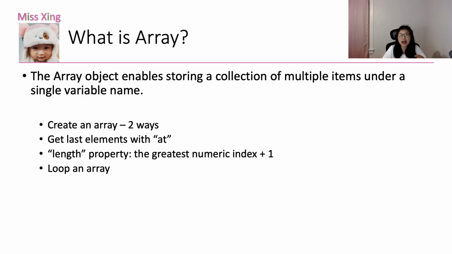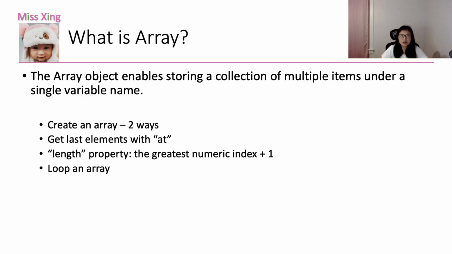Like in an array, we can have a bunch of students' grades, like 90, 100, right? The main thing about the array is it can store ordered items, which means when we add into the array and use a numeric number to access them, they have the order in JavaScript.